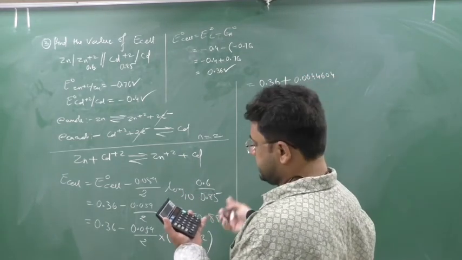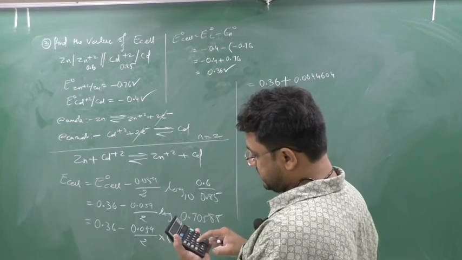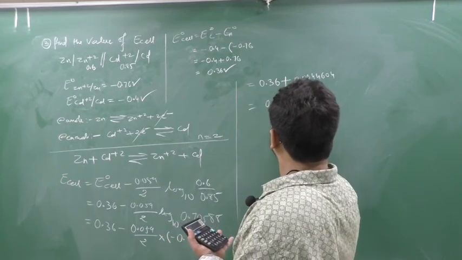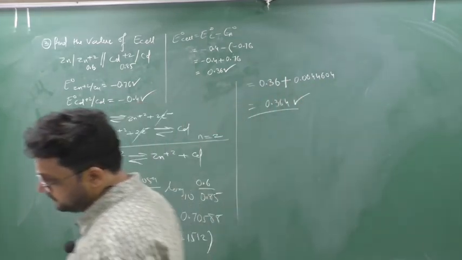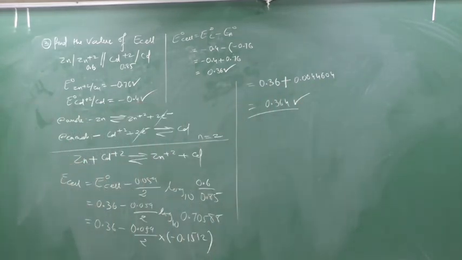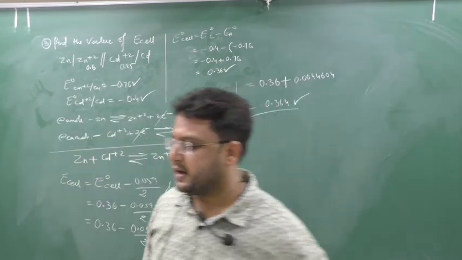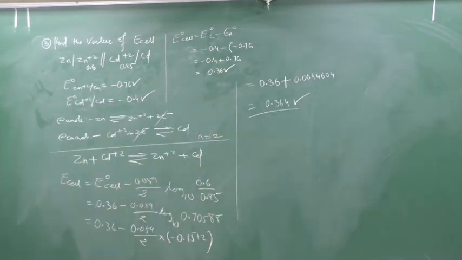Just add 0.36 plus 0.0044, 0.3644. Yes, 0.36446 volt. Here, write this. After this, we are going to see the last question, then we will wind up the lecture. Clear? Sure.